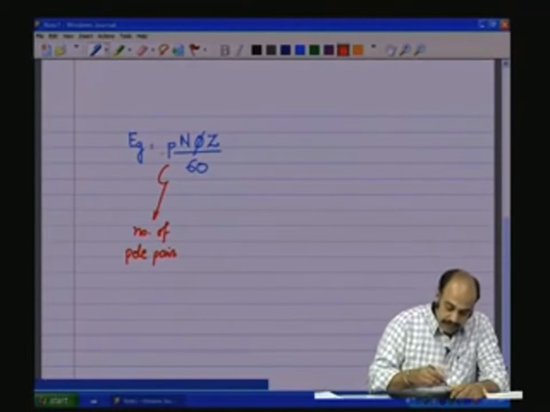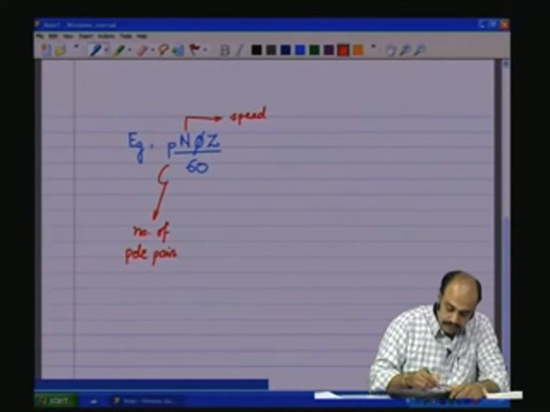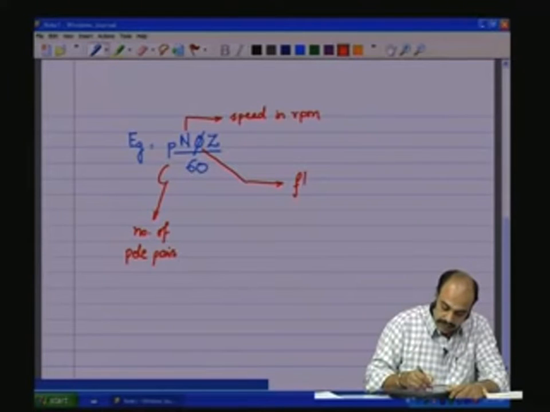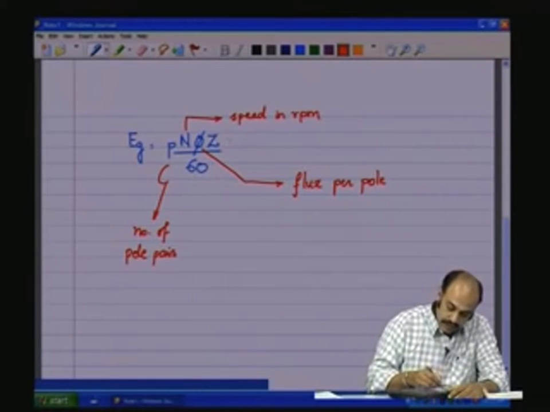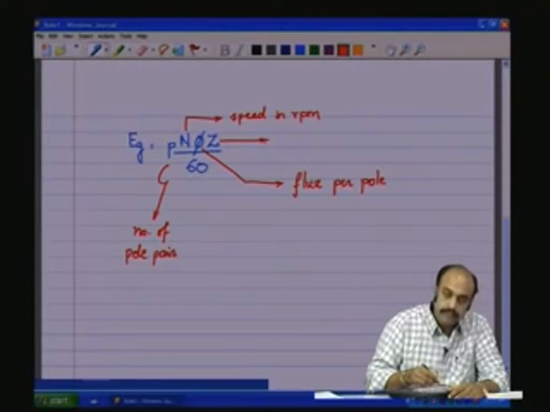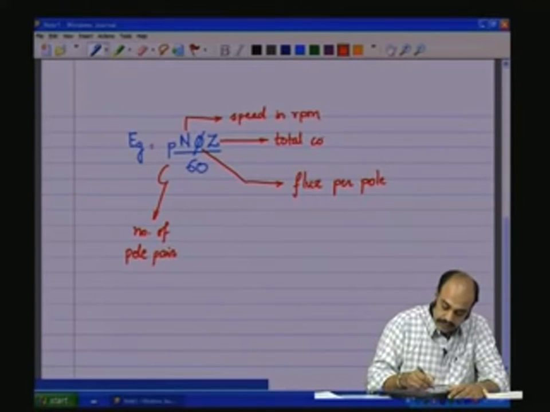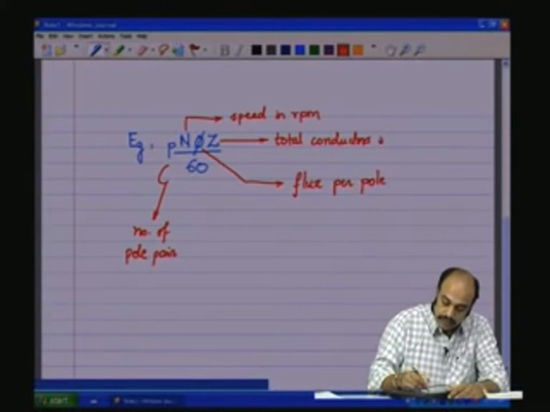So, P is the number of pole pairs, N is the speed of rotation in RPM, phi is the flux in Webers per pole. Per pole means per pole pair, and Z is the total number of conductors in the armature.